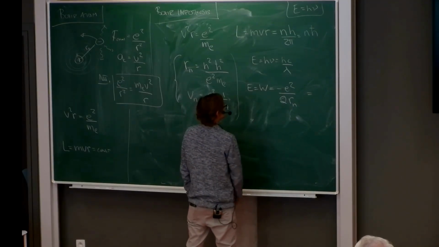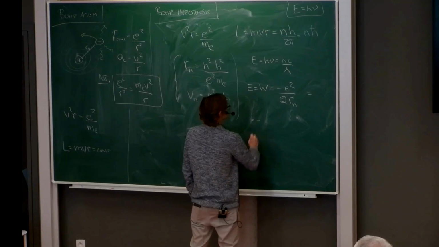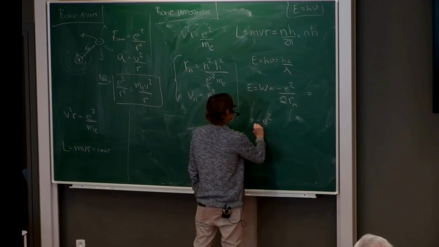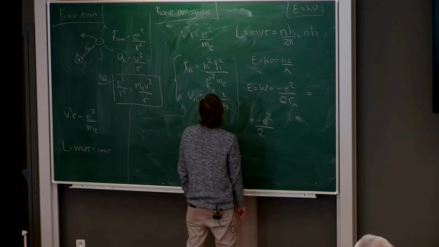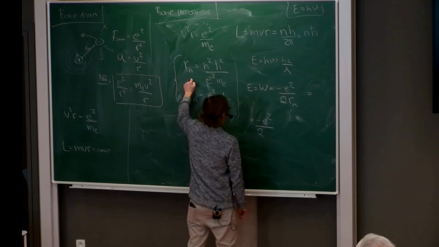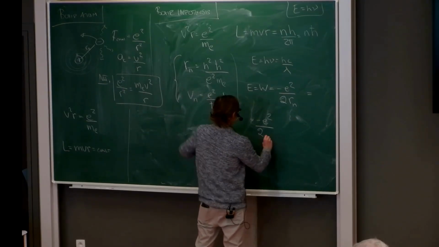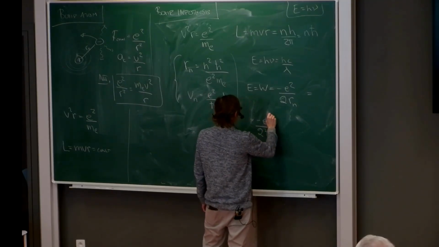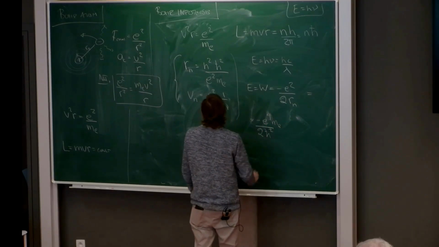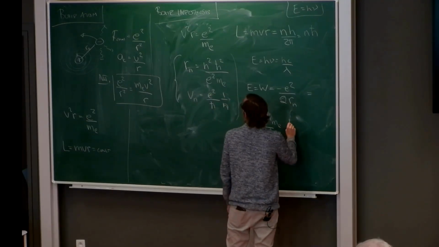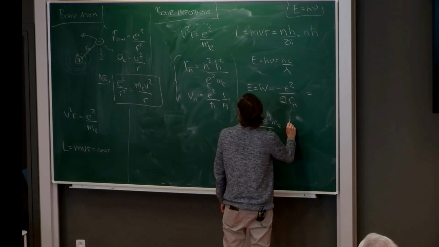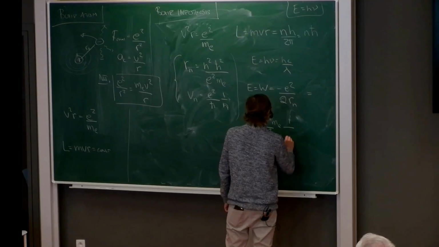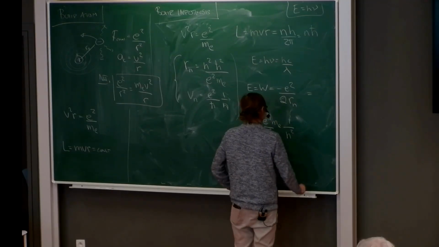We get that the energy is minus e squared over 2 h bar squared, and then we get an e to the 4, m e, and then we have 1 over n squared.